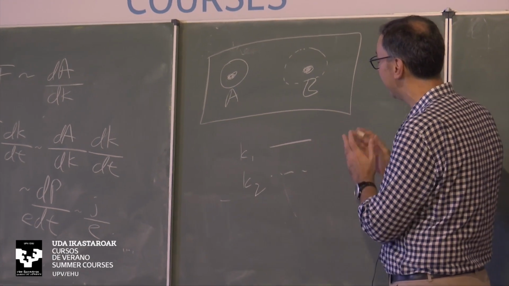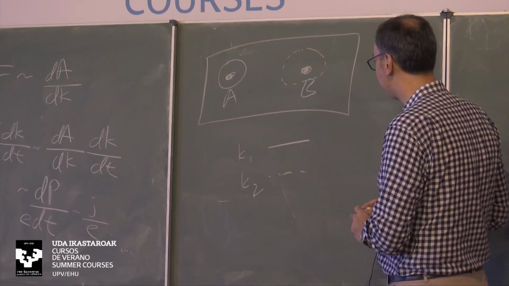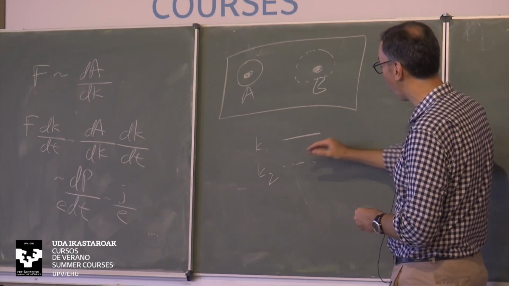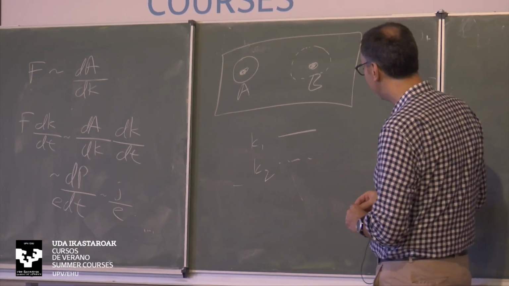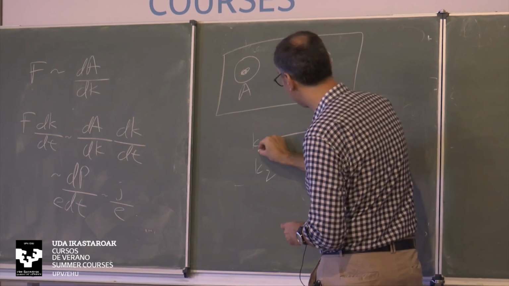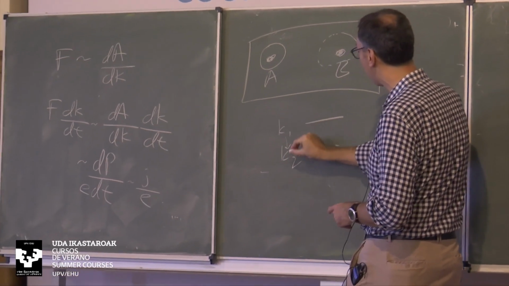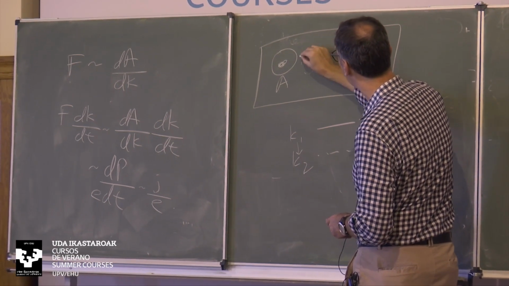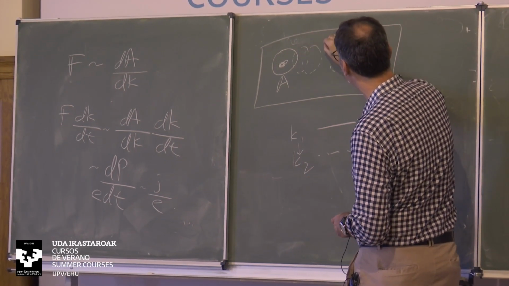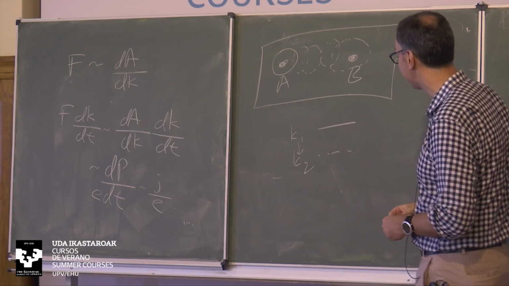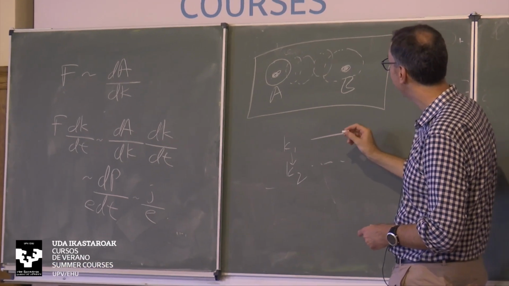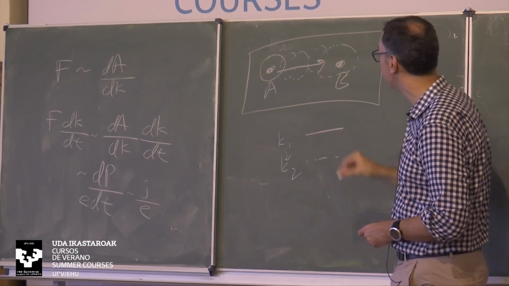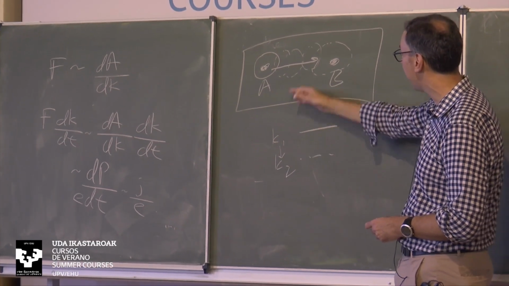Because we know that in a tight binding model, say, what combination of orbitals I have varies with k. So then in between, as momentum goes from k1 to k2, maybe it's somewhere like this and so on. The point is there's a continuous path of where the orbital sits as k evolves. And therefore, the center of mass of the electron is moving within the unit cell as k goes from k1 to k2.